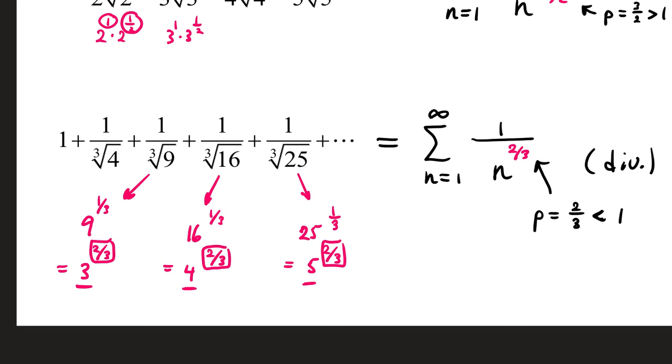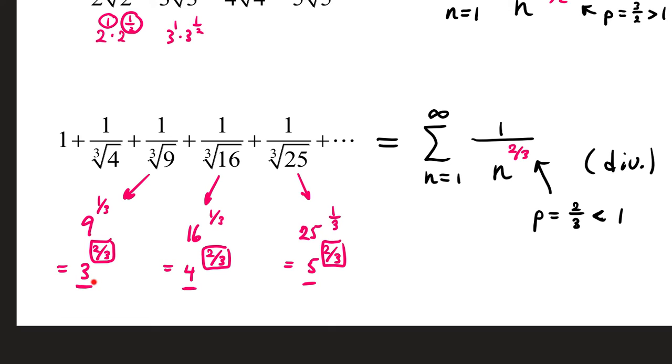You really got to look at these sometimes under a careful lens. Like 9 to the 3rd. Well, I can write 9 as 3 squared, so that's 3 to the 2/3. 4 squared, I meant. 16 to the 3rd, you can write 16 as 4 squared, so that's 4 to the 2/3. 25 to the 3rd, that 25 is 5 squared, so that's 5 to the 2/3.